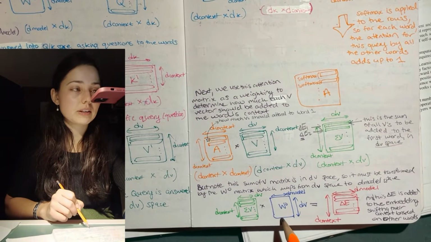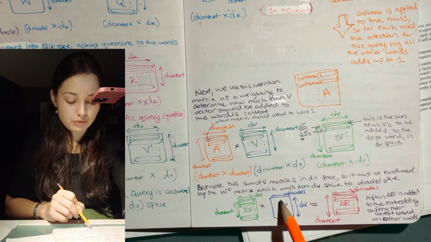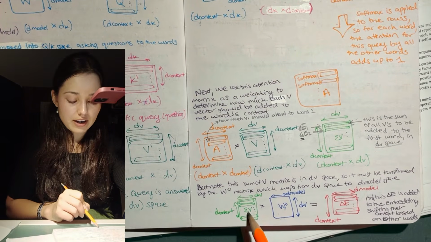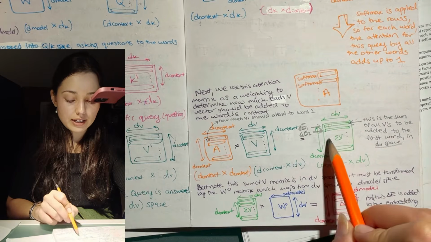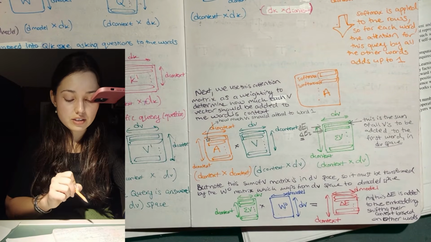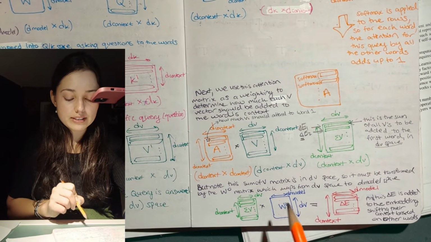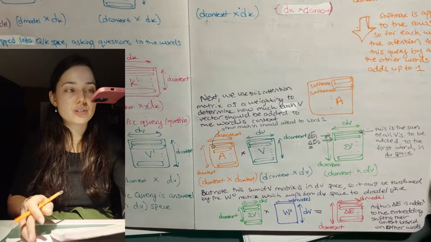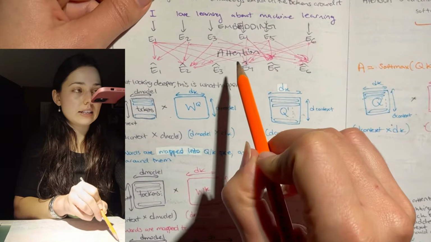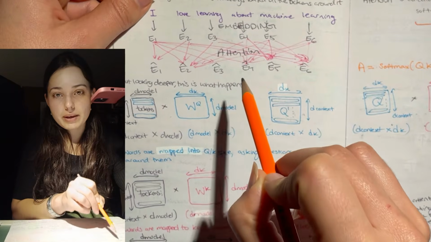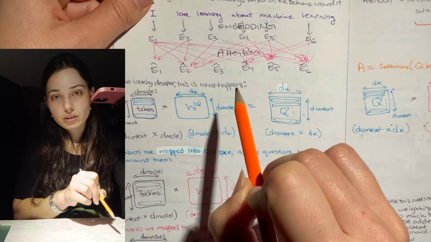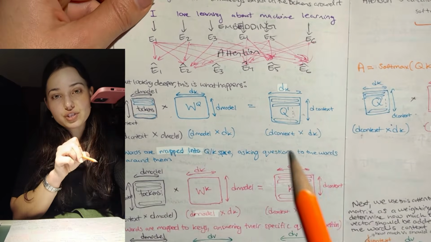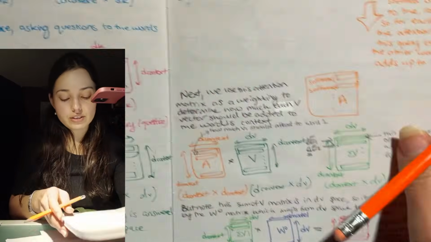So that's where this W naught comes in, and that's our final transformation that's applied to the sum, just mapping it from DV space into D model space, which is the right dimension to be added into our word embeddings, since our word embeddings are D model length long, which is 512 different dimensions.